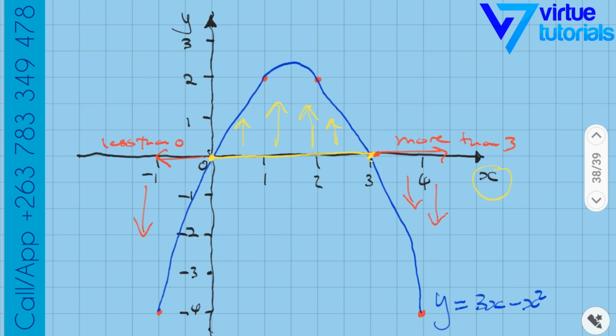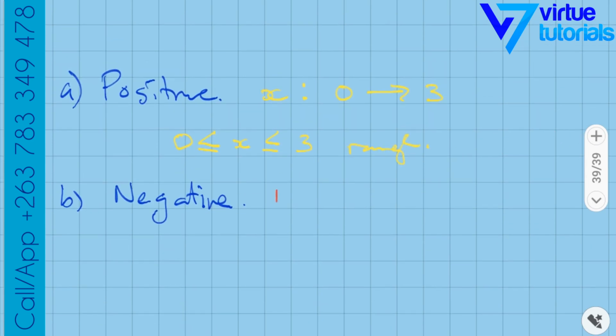So if we write that, this is going to be negative when x is less than 0 union x is greater than 3, or simply and, whichever one you want there, okay?